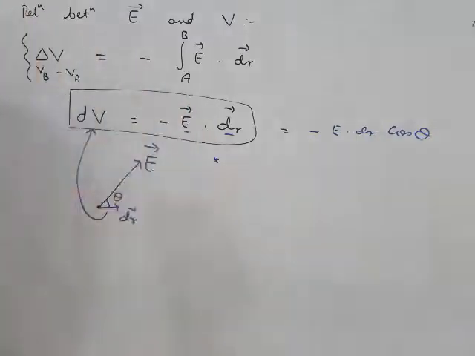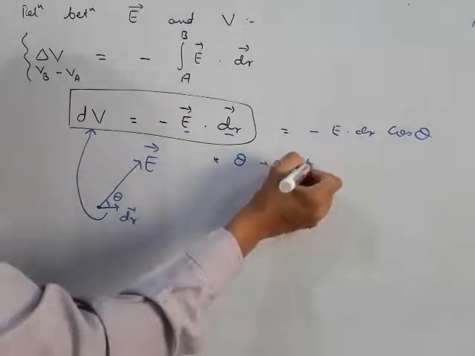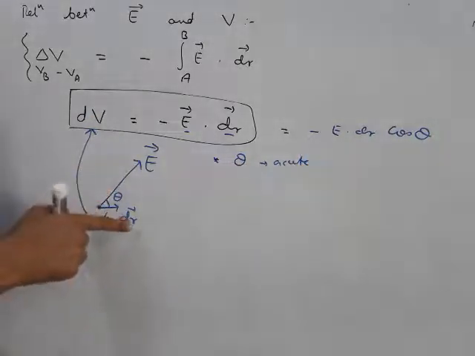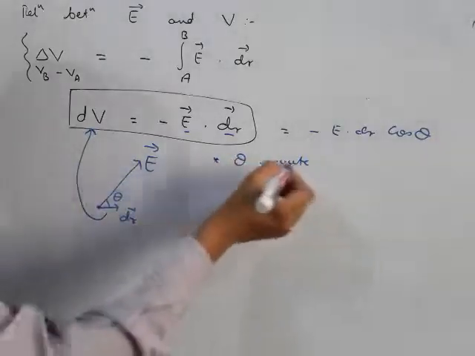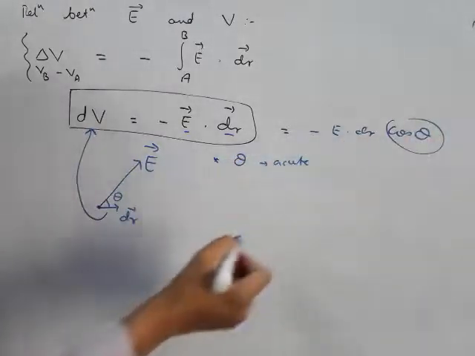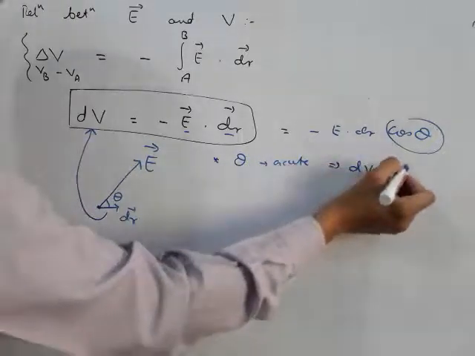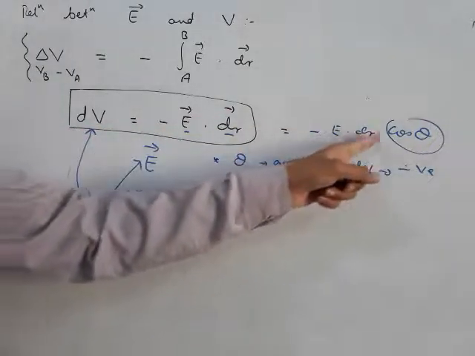Very important point. If theta happens to be acute, please remember what is theta? Theta is the direction of displacement vector dr relative to E vector. If theta is acute, then cos theta is positive. Therefore, dV will become negative. dV is negative of E dr cos theta.